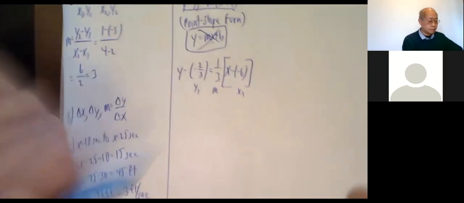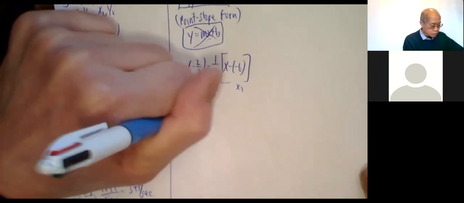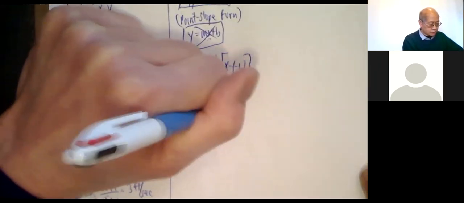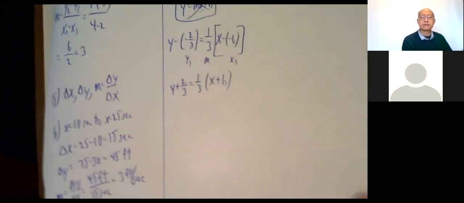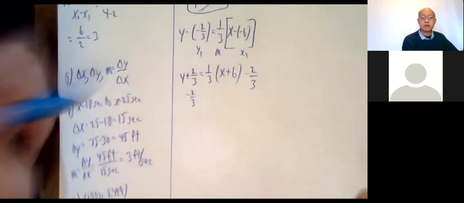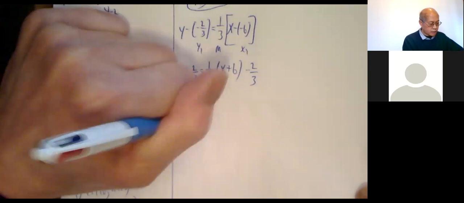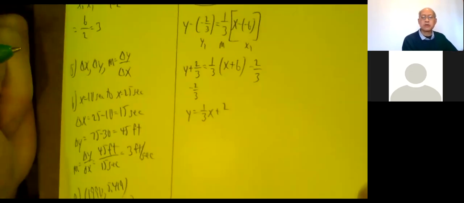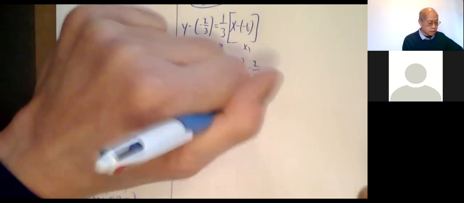All right, then just clean it up. Y plus 2/3 equals 1/3 parentheses x plus 6. Okay. Subtract 2/3. Subtract 2/3. So y equals 1/3 x plus 2 minus 2/3.